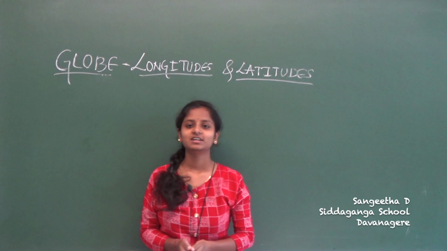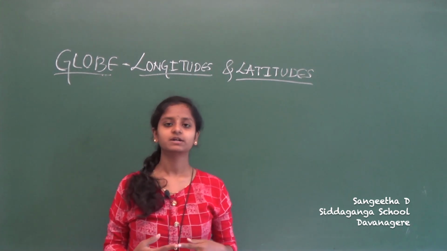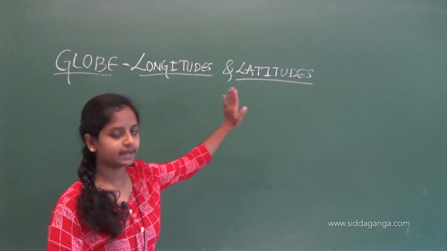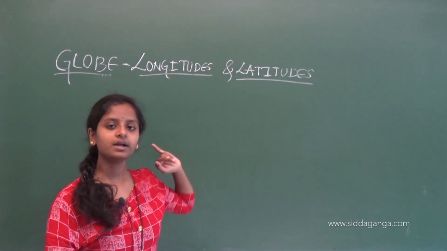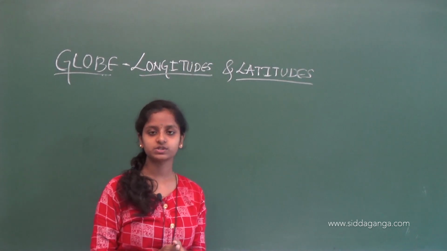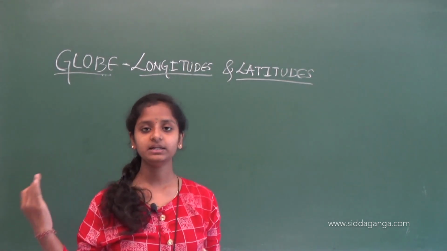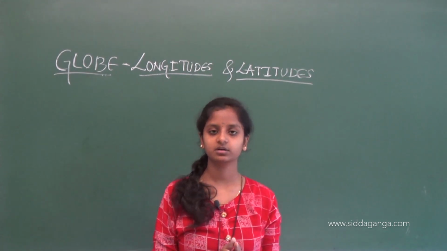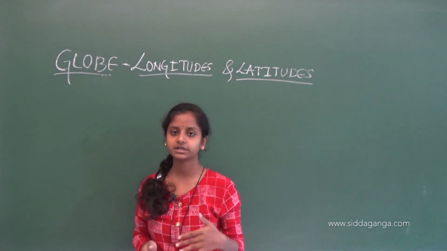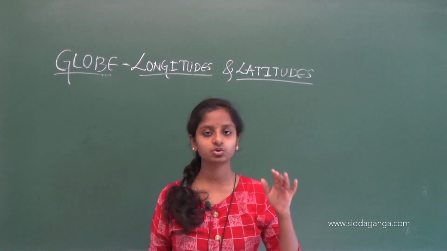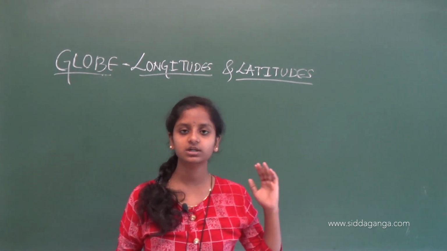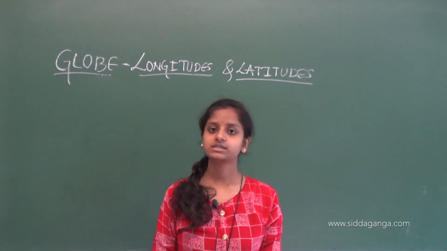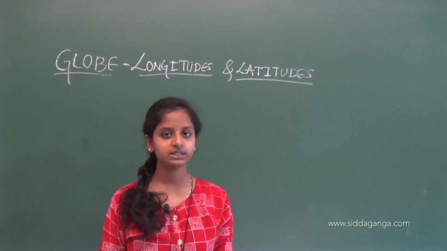Hello children. So in the previous class we were studying the topic globe, longitudes and latitudes, and we have seen what latitudes are. Latitudes are the parallel lines which are parallel to the equator, and these help us in identifying or locating any place on the earth's surface, and we represent these latitudes in degrees.